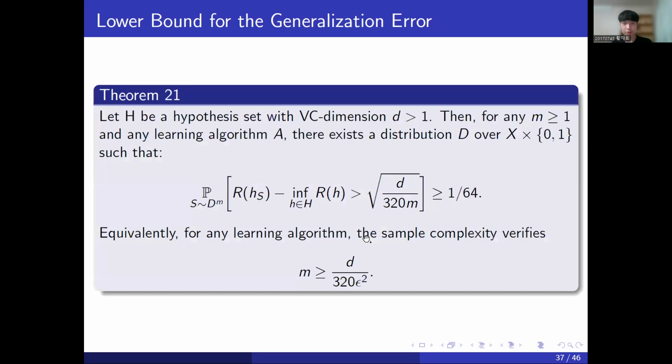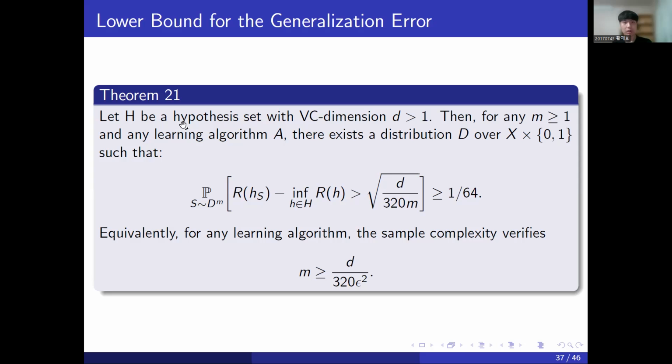Now I introduce this important theorem. Because of time, I cannot introduce the exact proof of this theorem. Sorry about that. If you are interested in this topic, you can find the actual proof in the book Foundations of Machine Learning, second edition, chapter 3. I will introduce this book in the references. And now I introduce this theorem.